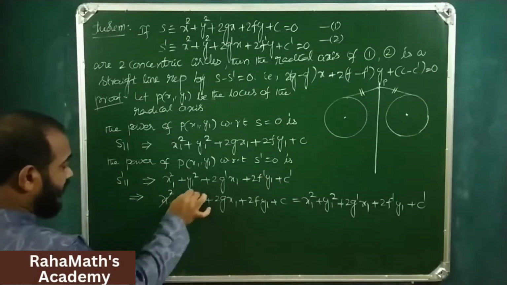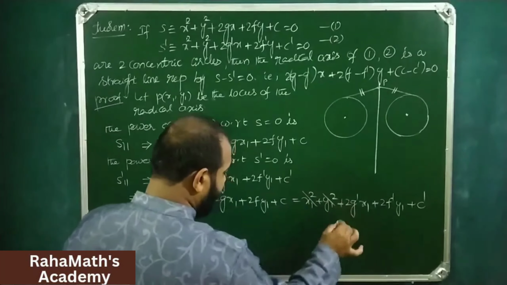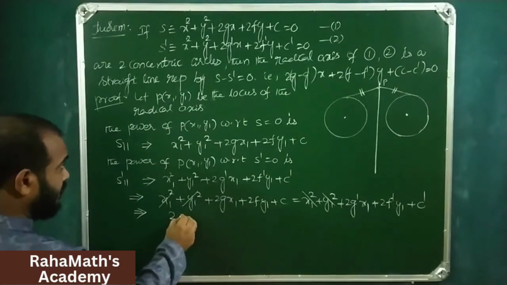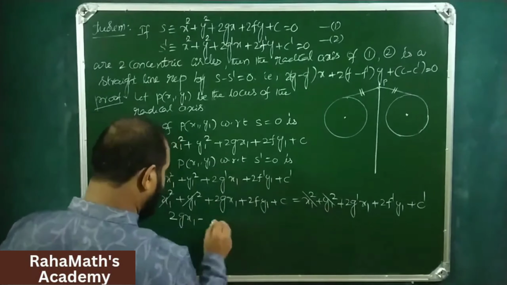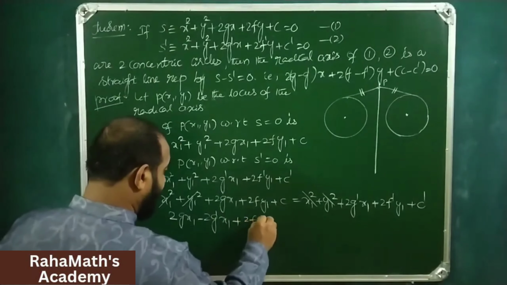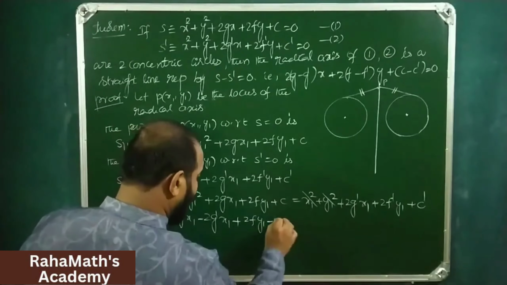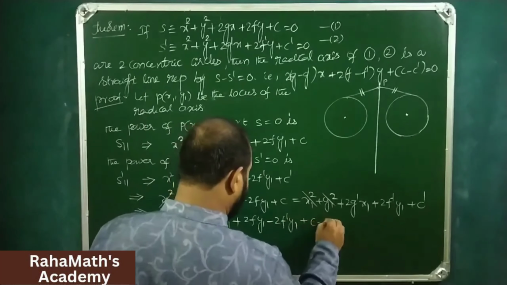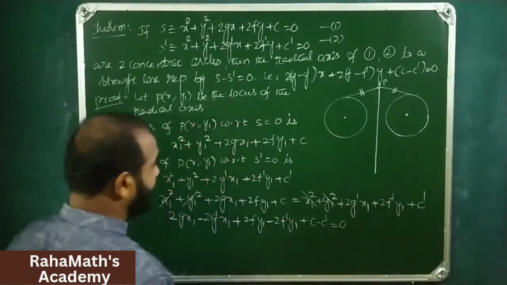So x1 square and y1 square get cancelled. We get 2g x1 minus 2g dash x1 plus 2f y1 minus 2f dash y1 plus c minus c dash equals 0.